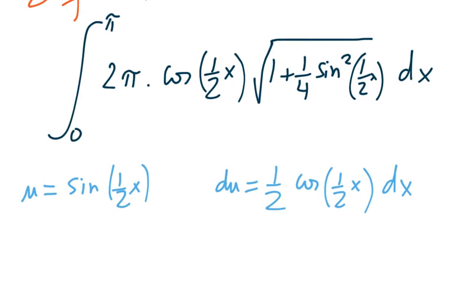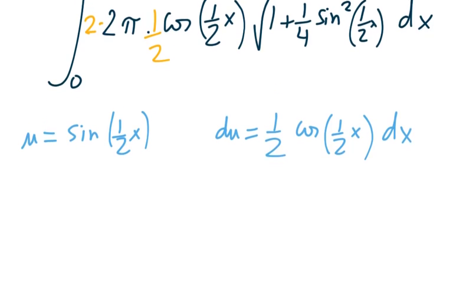We have the cosine of 1/2 of x dx, but we're missing the 1/2. So we're going to add a 1/2 here, and then we're going to multiply by 2, so we don't change the problem.